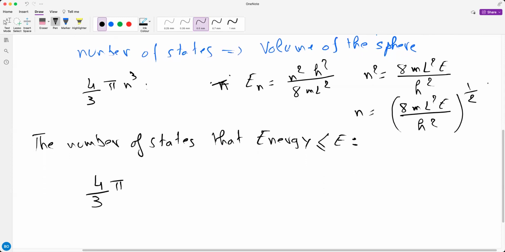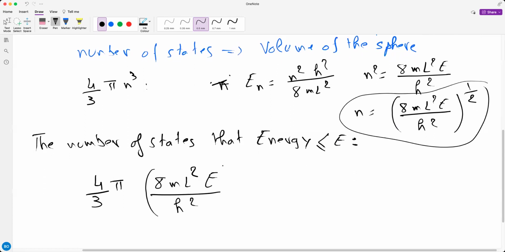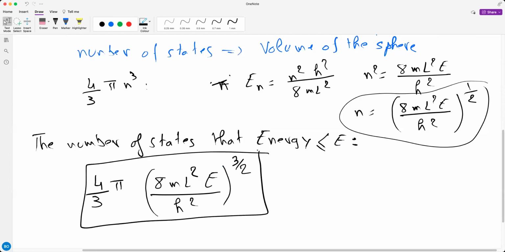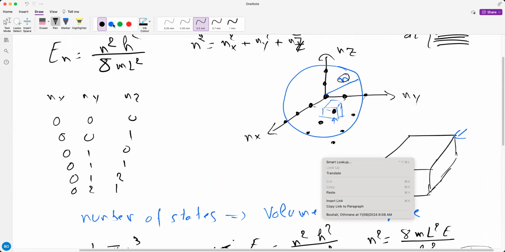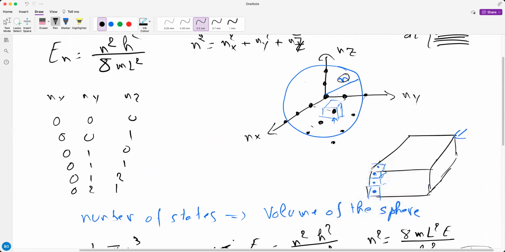I take this and raise it to the power of 3, which gives me 4/3 pi times 8mL squared E over h squared, to the power of 3/2. This is the number of states having an energy less than E. So all those states that are inside this sphere have an energy less than or equal to E.